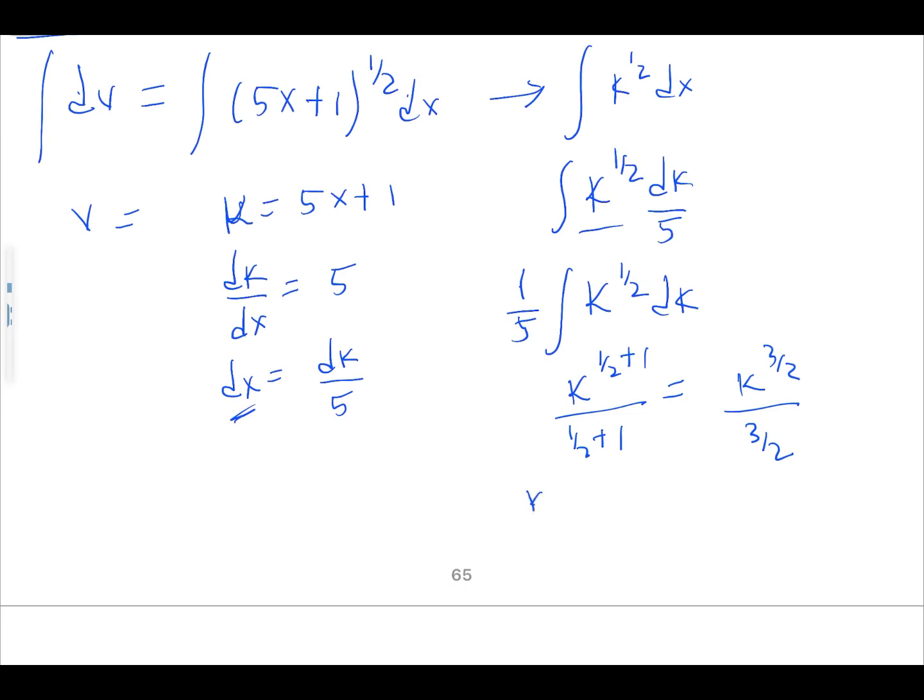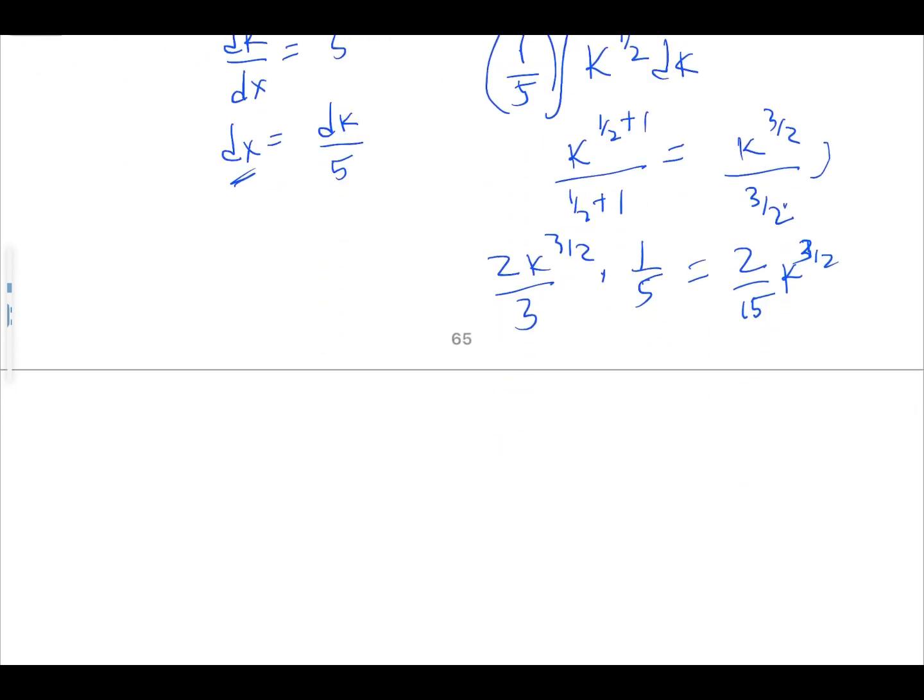So in doing this, we get k power 3 on 2, and when I bring the 3 over 2 up, we get 2 over 3. And don't forget that we have 1 over 5 here, so multiply by 1 over 5. At the end of the day, we get 2 on 15 k power 3 on 2.